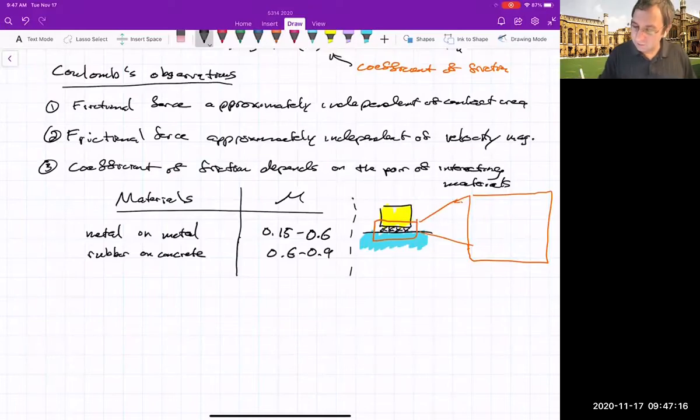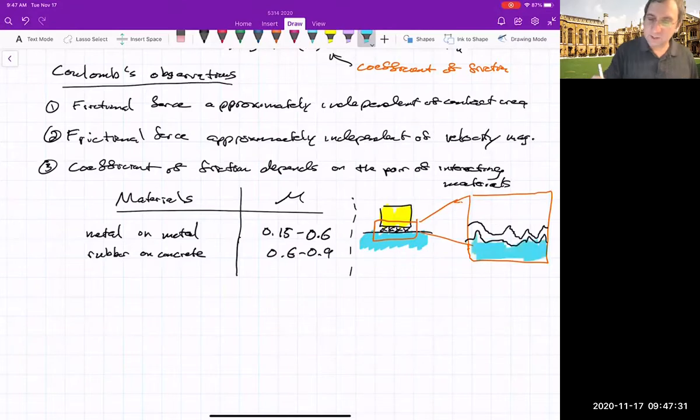There are nooks and crannies, there's bumpiness, and these things sort of run into each other. So you have actual physical contact between these things.